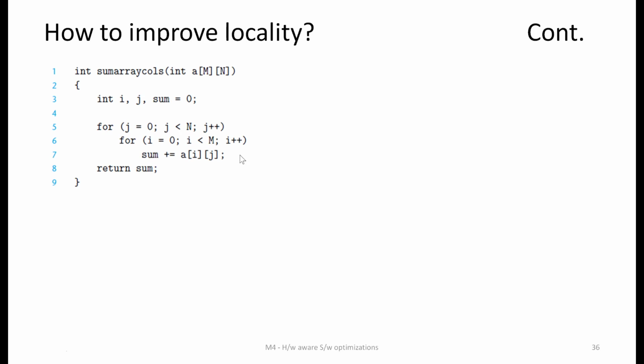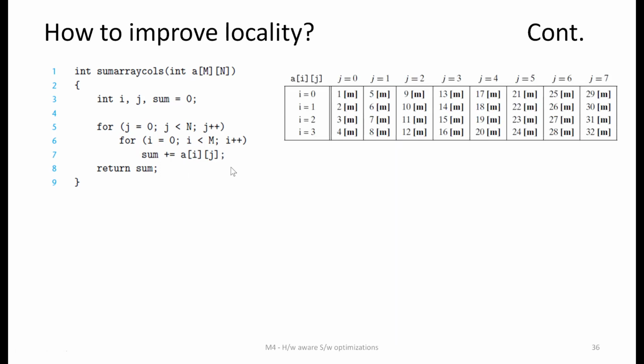Moving on, let's look at another function which also sums up all the elements of the matrix A, m cross n, but we have changed the loops. The outermost loop is j, the innermost loop is i. If you look at the way the accesses would be, the very first access would be A00, and we would have brought these 4 elements to the cache.